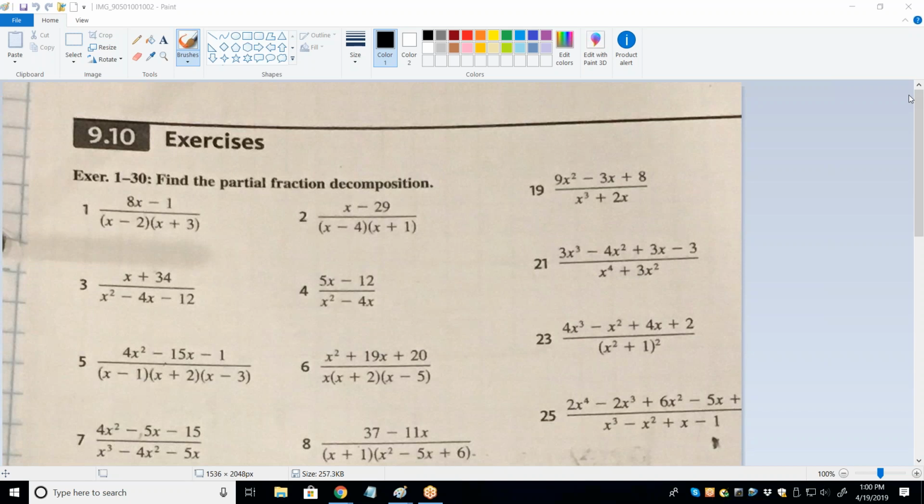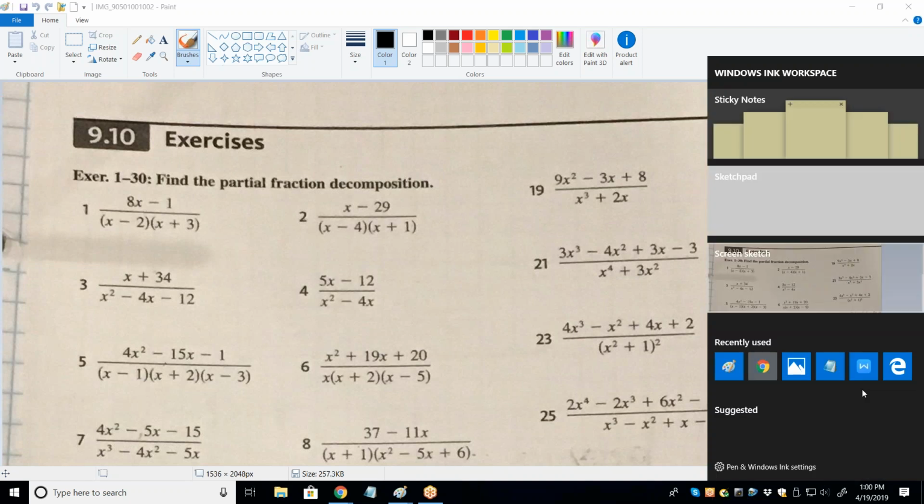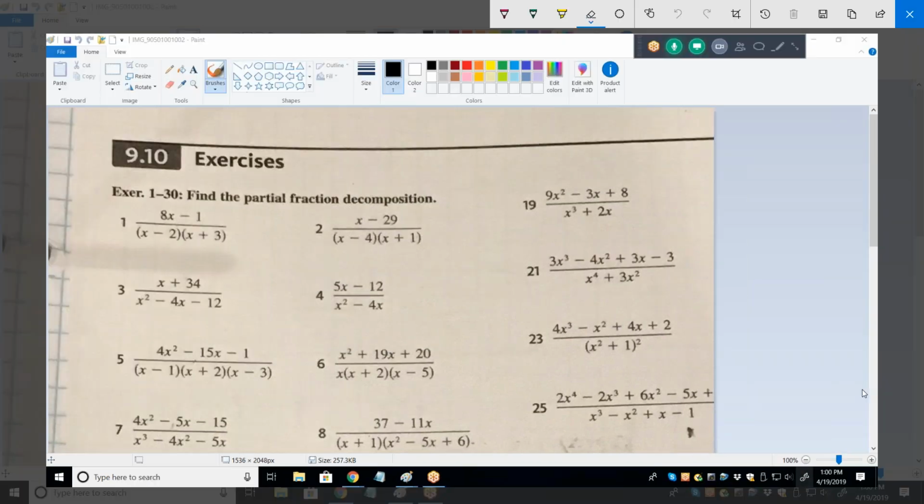Never do you run into it before you get to Calc B. Once you get to Calc B, it's extremely important, but why they even teach it before then, I'm not sure. It's pretty complicated, but fairly easy at the basic level. Let's do number 1.